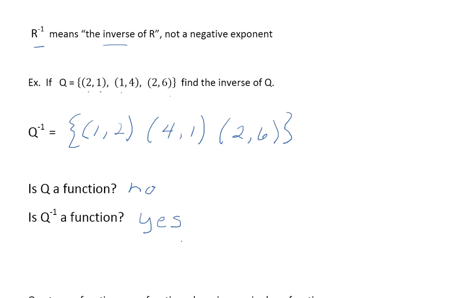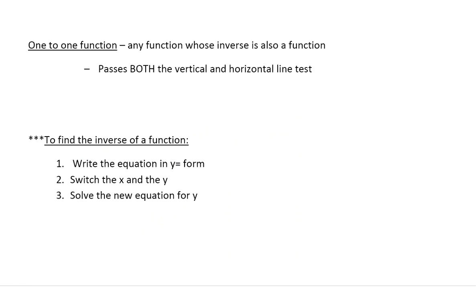And we do have a special term for those where both the relation and its inverse are both functions. And that is the definition of a one-to-one function: any function whose inverse is also a function.